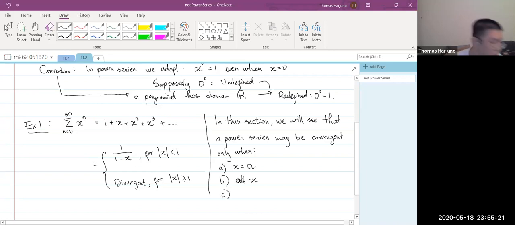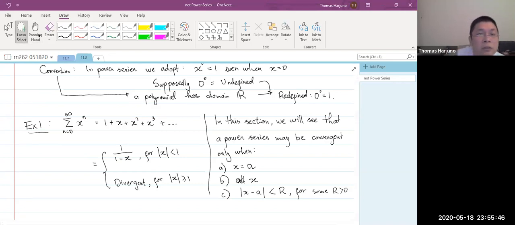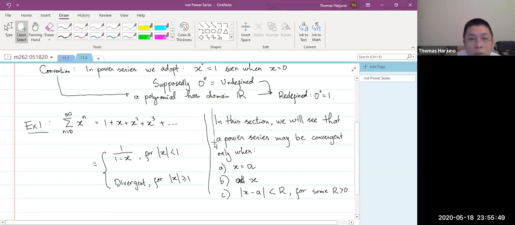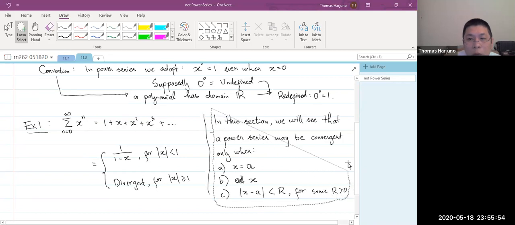And the third one, absolute value of x minus a is less than r for some positive number r. I forget something. My bad. I need to say this first. Let me lasso it. I forgot to say what kind of power series we're dealing with.